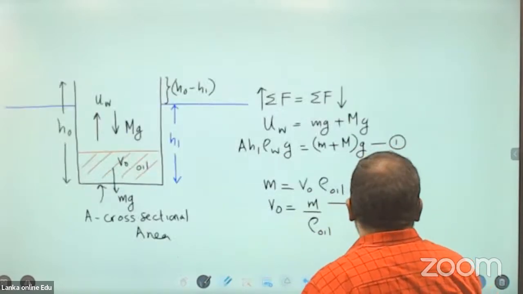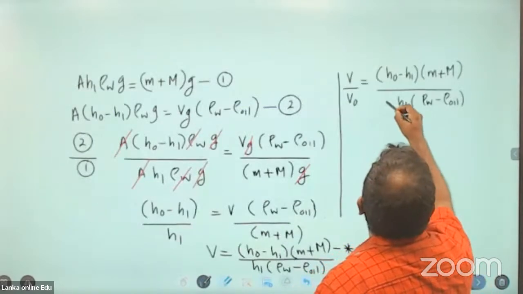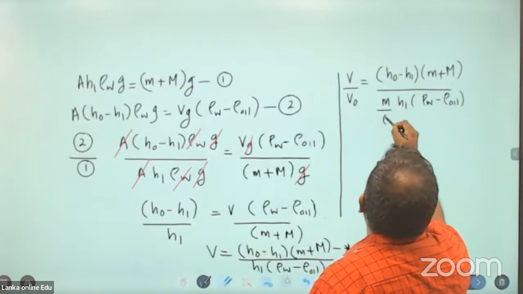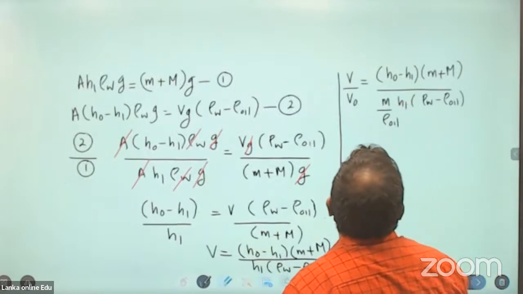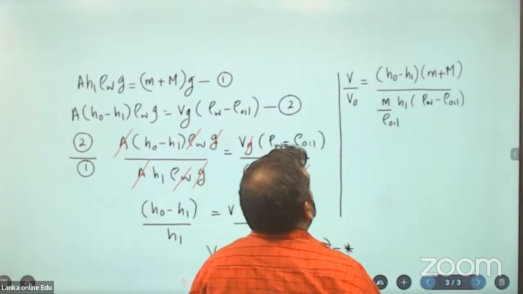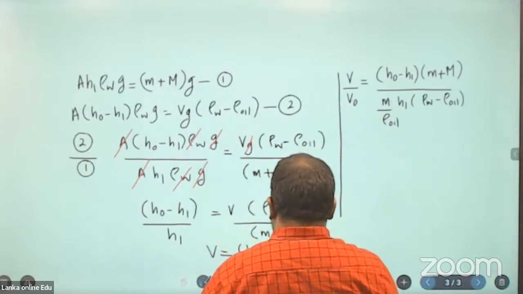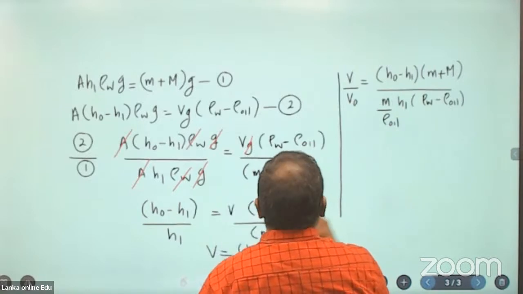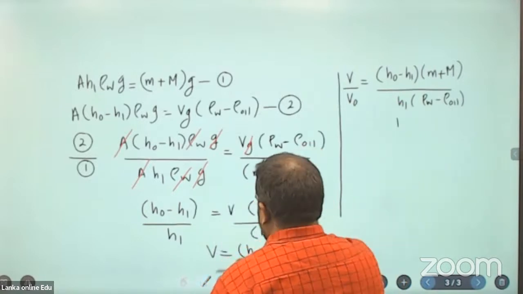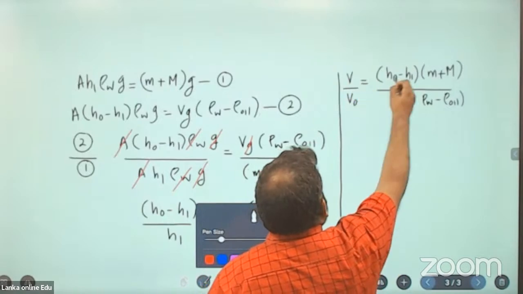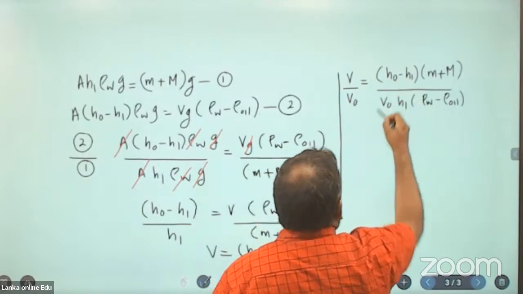V naught is M over density of oil. So dividing by V naught, on this side I divide by V naught, and this side also I divide by V naught. Finish now.